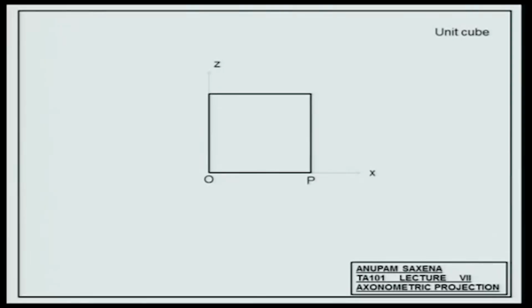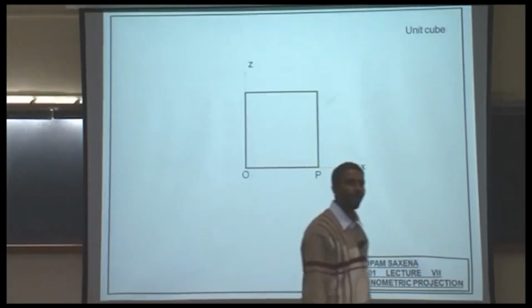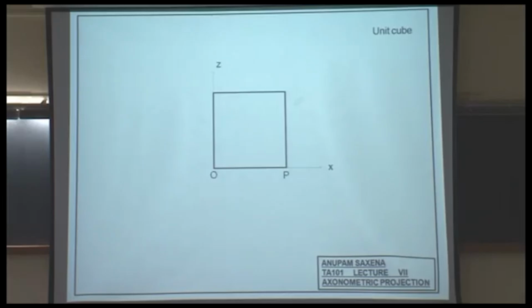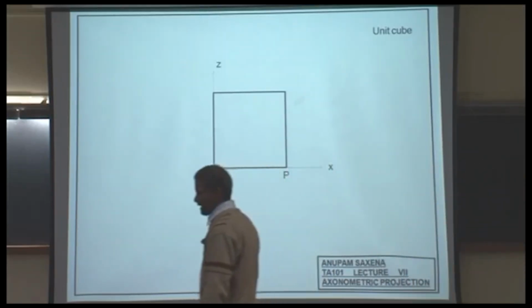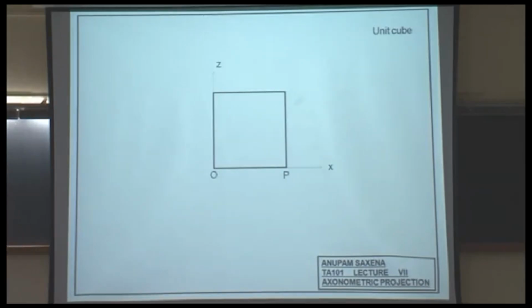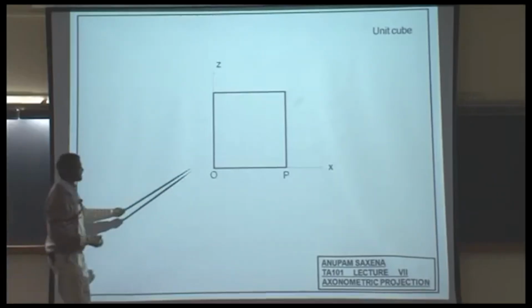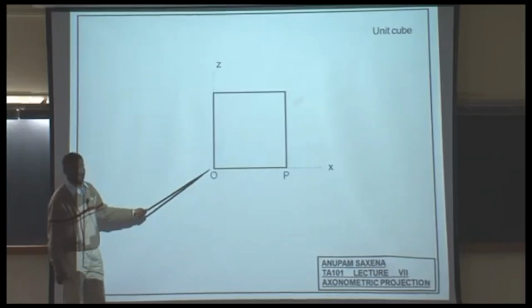Let's say we have a unit cube. How many edges? Cube, 12. Lengths, all of them 1. What you see is the vertical plane of this cube, and let's call that plane the XZ plane. One of the vertices of the cube is at the origin of the axis.